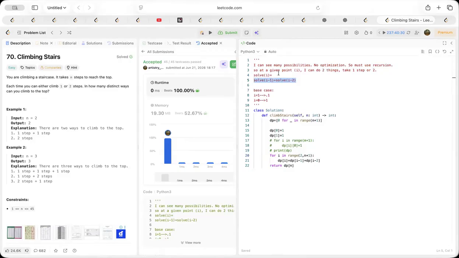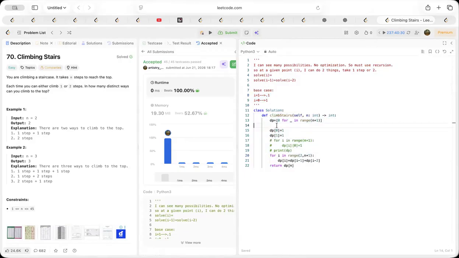Either I can take one step and solve i minus 1, or take two steps and solve i minus 2. The base cases would be i equals 0 and 1. For those two cases, there is a possibility of 1, and once someone reaches these cases, that means you have a possibility there.